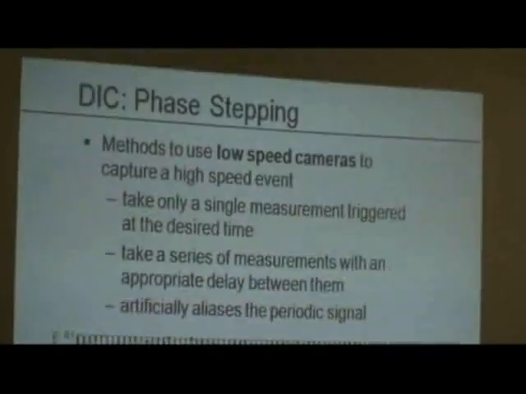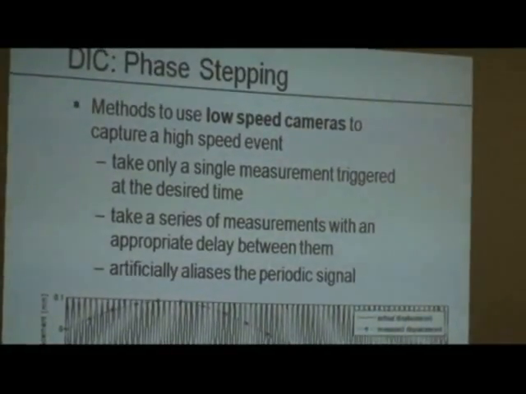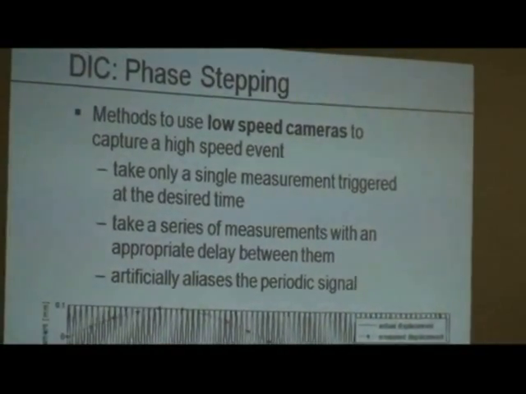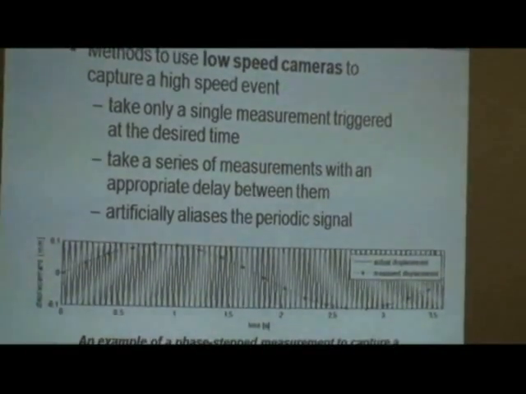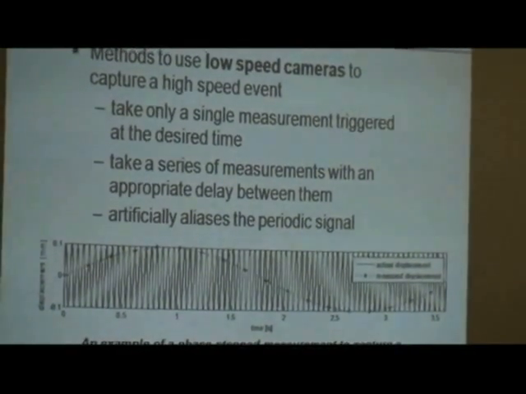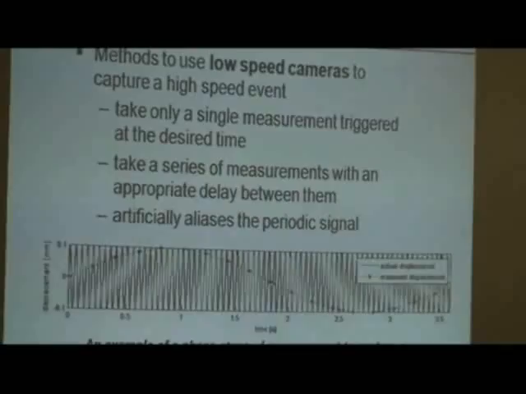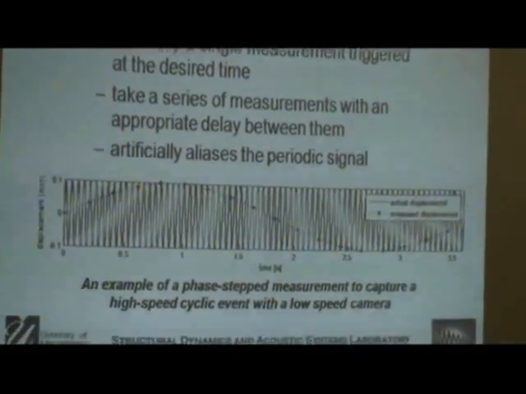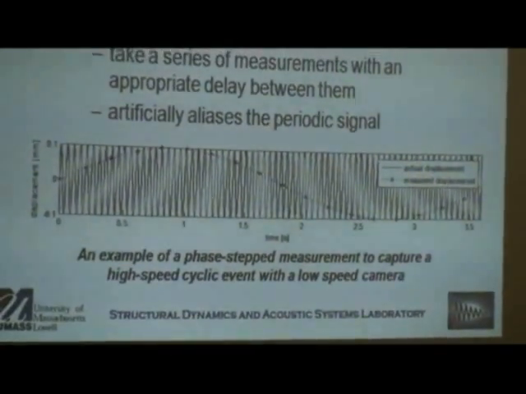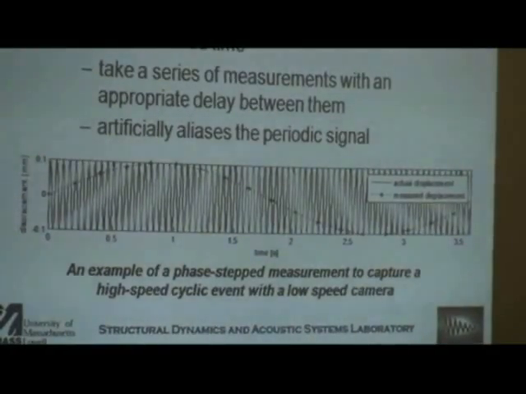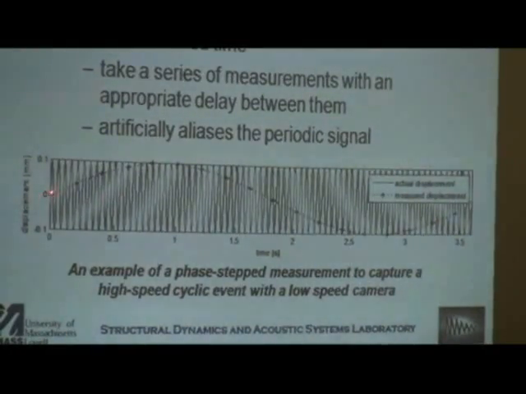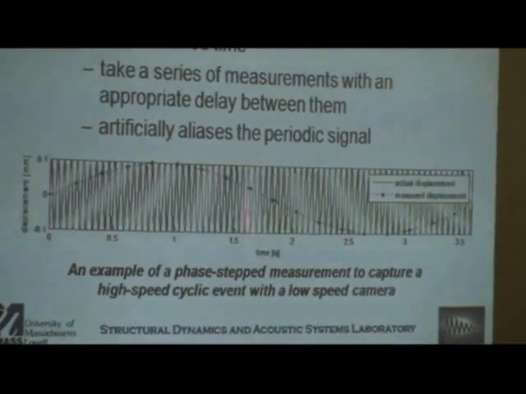I'm going to skip over the filtering part, and I'll talk about phase stepping for a second. When you measure vibration, the structure of interest is moving fairly quickly, so you have to be measuring at a certain rate of speed. If your cameras are not moving fast enough, you will get what's called aliasing. What we can use is a technique called phase stepping, where we can artificially alias. Let's say the structure is vibrating at a fast rate.